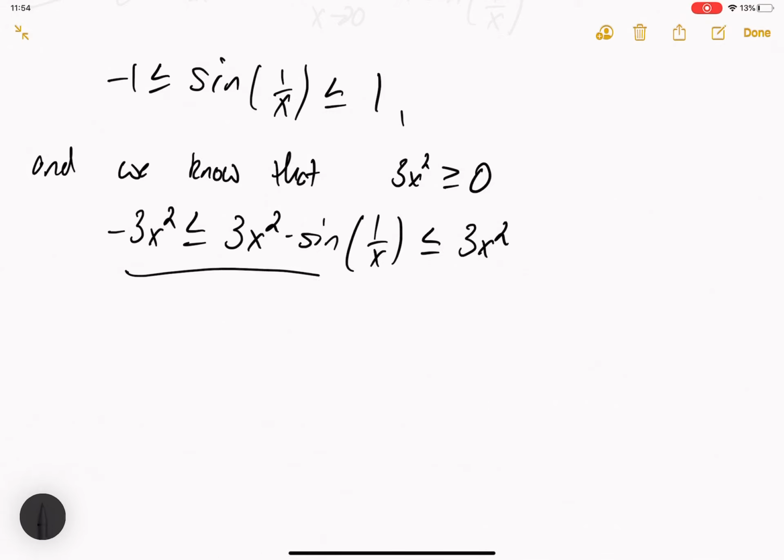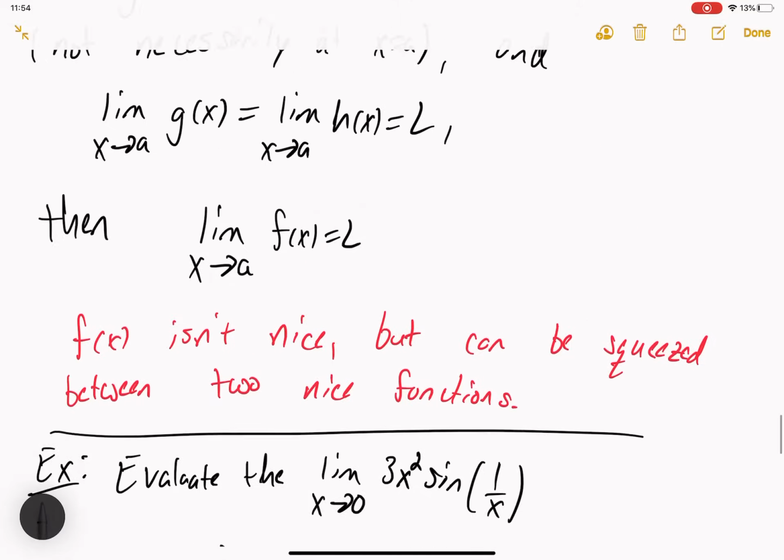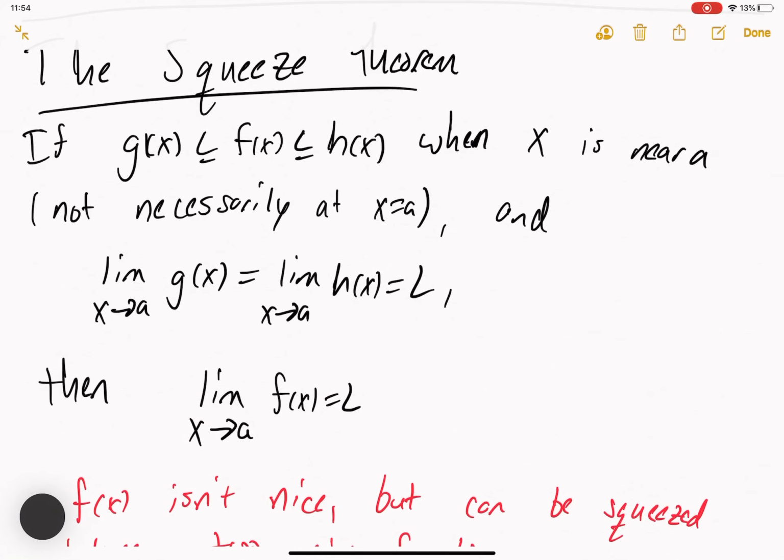This chain of inequalities is true: it's our g of x less than or equal to our f of x less than or equal to our h of x. The last thing we need to show is that the limits of g of x and h of x as they go to the same value are the same.